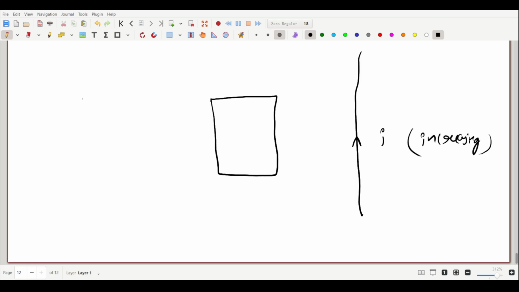Here, in the square, the source field is going inward or outward? It will come out of the screen. Okay, the source one is coming out. So what should be the direction of the induced current? We want the induced field to be inside, so it should be clockwise. Good. Okay. One more.